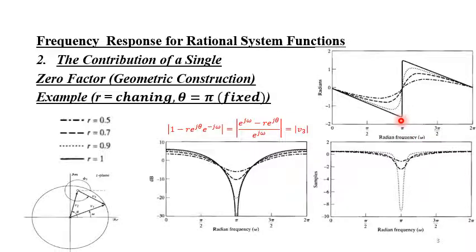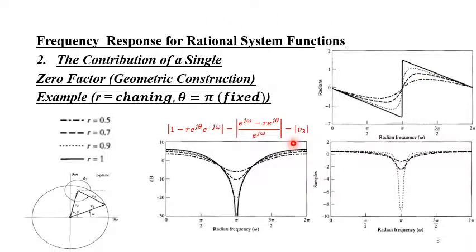We are talking about when omega equals theta, where we have theta equals pi. So when omega equals pi, we have a discontinuity. Now again, when frequency moves away from pi, we have a negative slope.